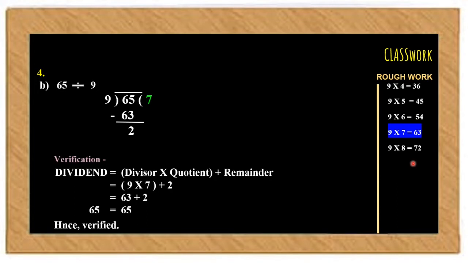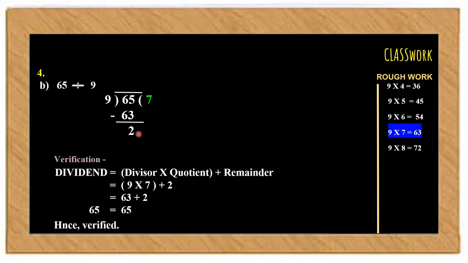But we also know that 63 is the number which is just smaller than 65 and can be used for division. So, we write 7 on the right hand side of the division symbol and 63 below 65. On subtracting, we get 2 as the remainder.